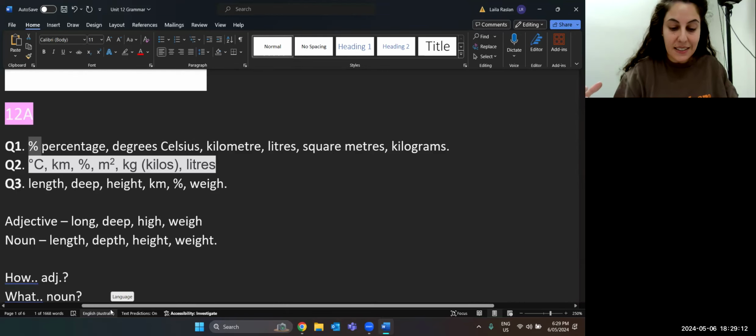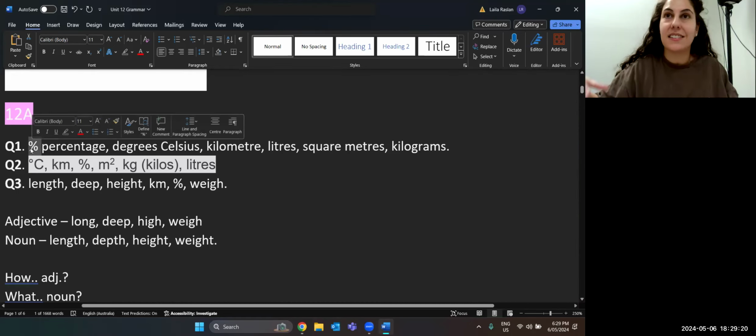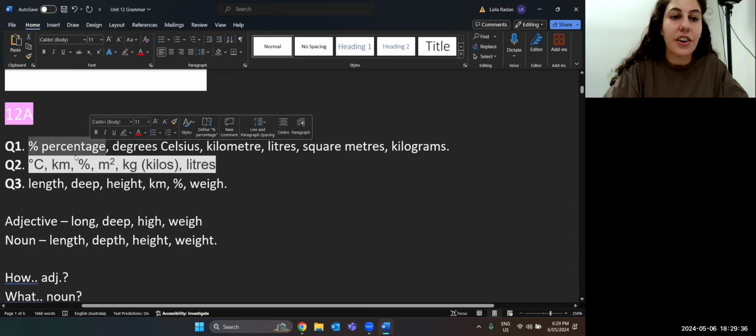Now, a percentage means out of 100. So you know that when you do exams, you'll get 80%, 90%. And that means out of 100. So you have 100 marks. What percent, what score, what mark did you get out of 100? So we use this to measure your ability on a test.